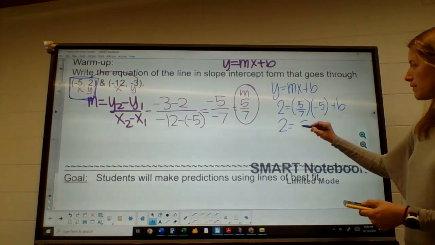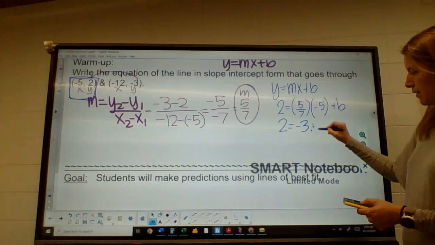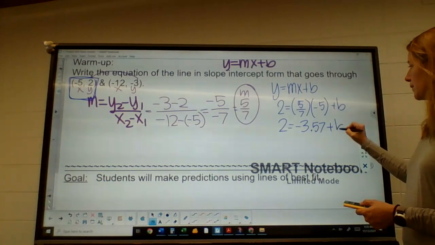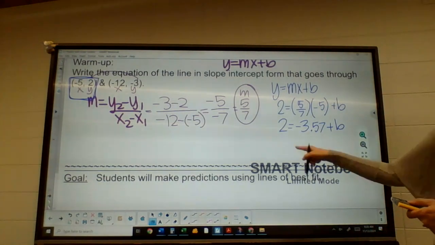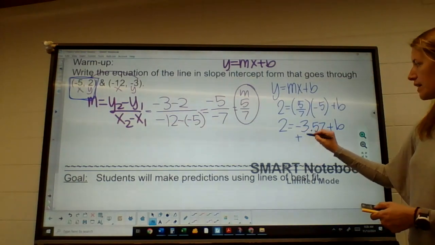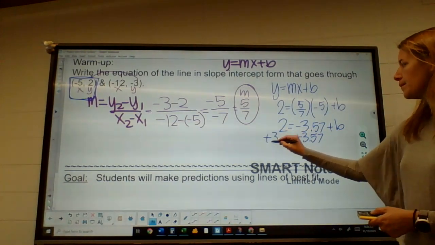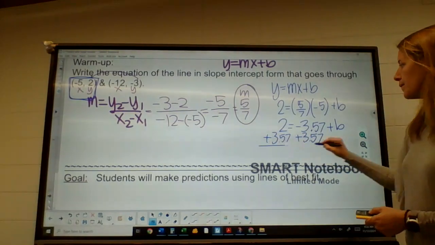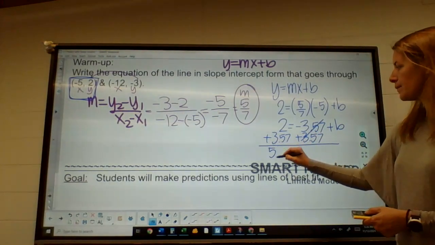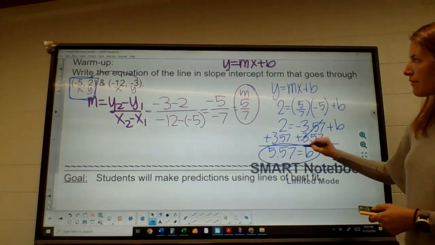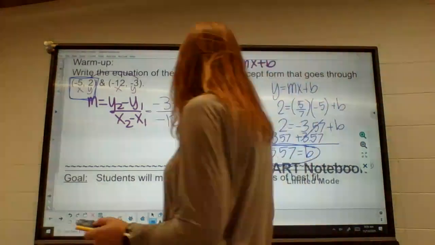So I get a -3.57 when I multiply those two. And then to get b alone, we're going to move this 3.57 over. So now we have m and b, so we can write our equation.